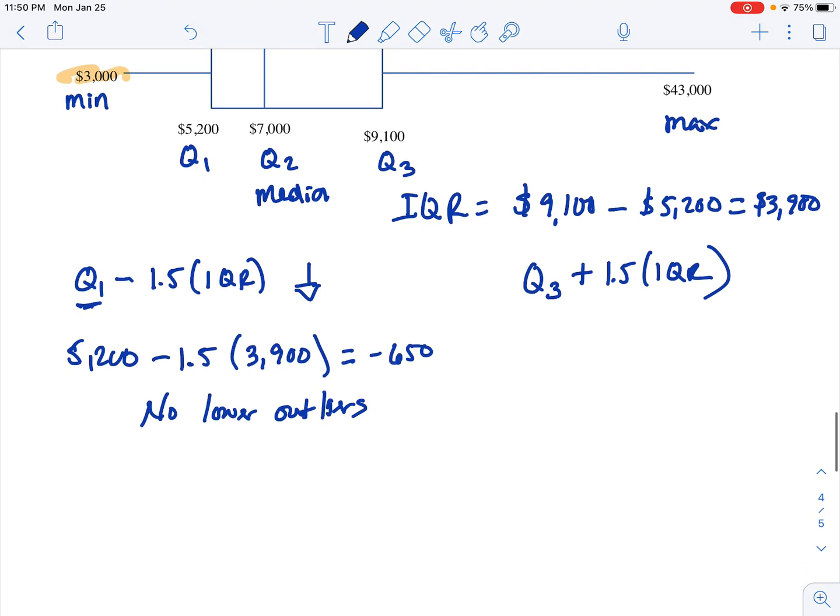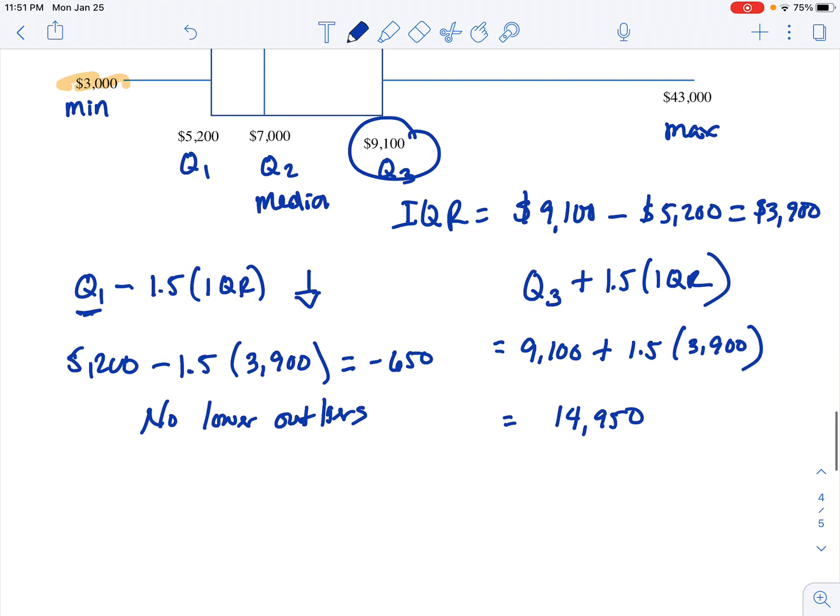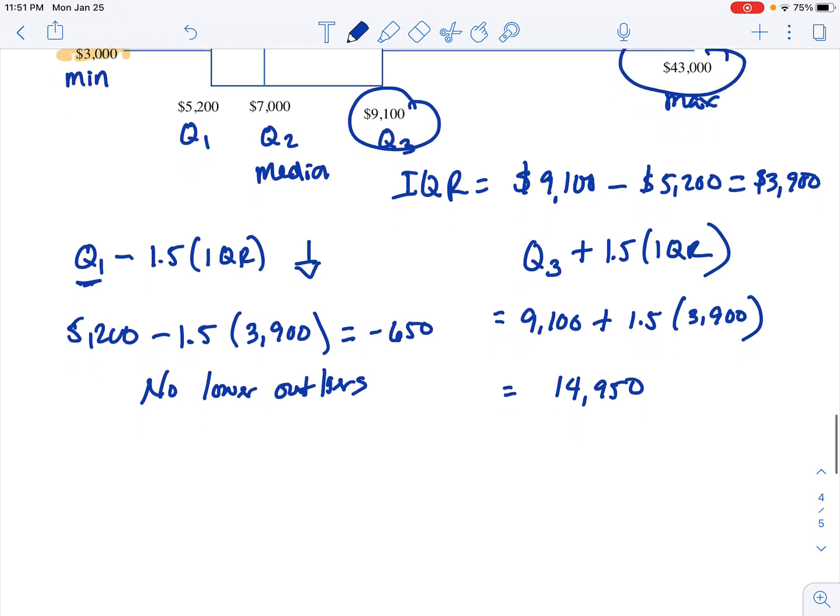Okay, let's look at the upper one. Q3 is 9,100 plus 1.5 times 3,900. Combining all that, that's 14,950. Our max is 43,000.